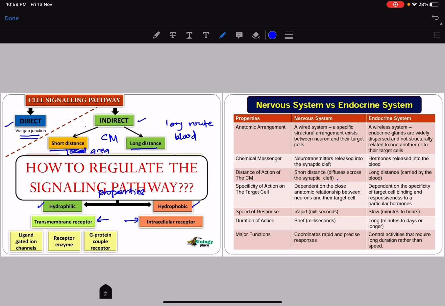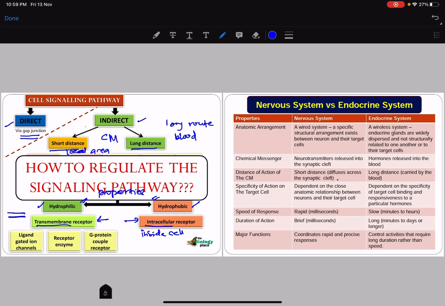Hydrophilic chemical messengers will bind to transmembrane receptors positioned at the cell membrane, whereas hydrophobic chemical messengers will bind to intracellular receptors. Intracellular receptor is inside the cell. So this is determined by the properties of the chemical messenger.